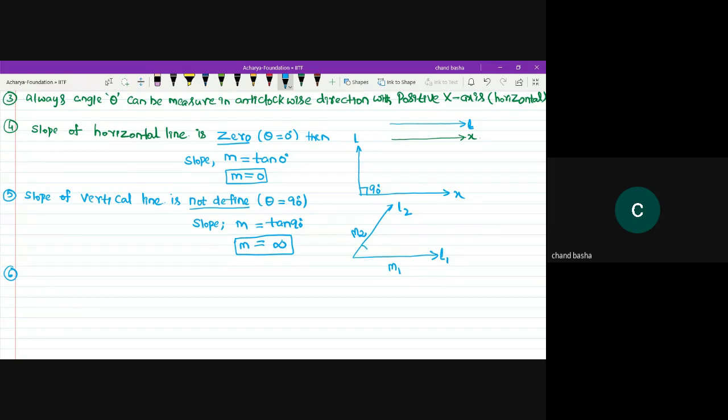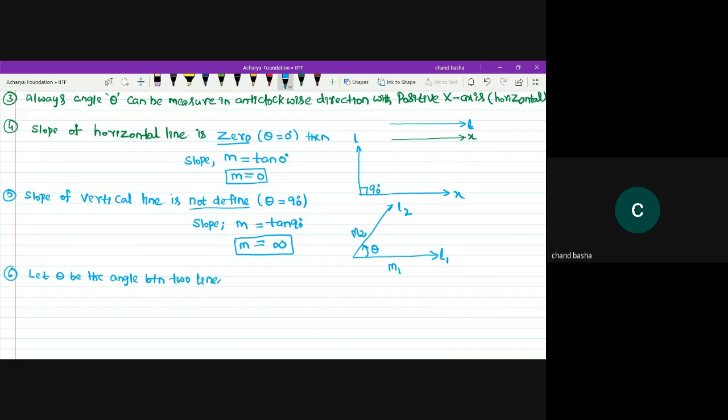The angle between these two lines, take it as theta. Let theta be the angle between the two lines.